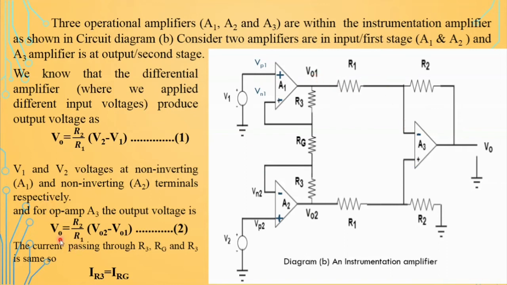So VO is equal to R2 divided by R1 times (VO2 minus VO1). This is our equation 2. The current passing through this branch is the same, that is IR3 is equal to IRG.